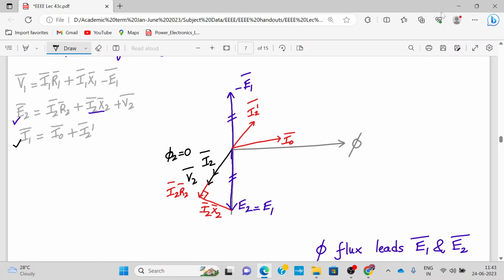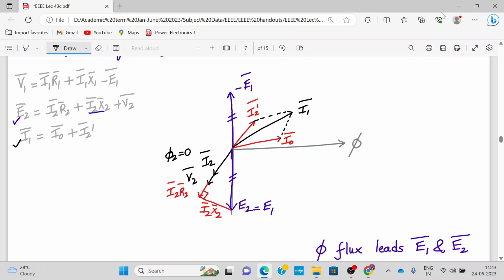So we are going through this equation now. I1 bar will be the vector sum of I0 and I2 bar, and we can find it as per the law of parallelogram. So this vector is I1 bar, which is the primary current.